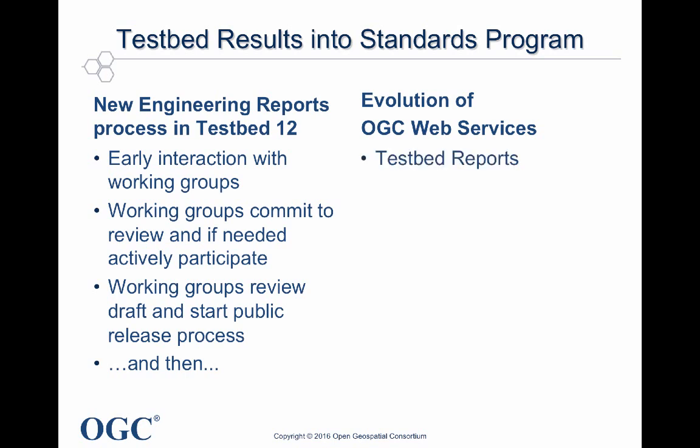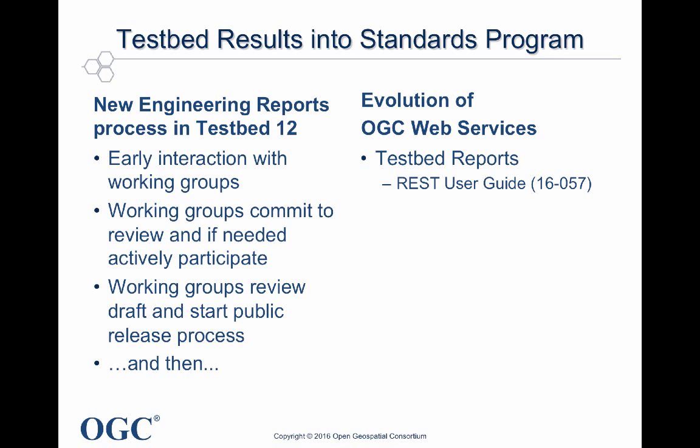The Testbed reports will come out. There are two of them that I'll highlight regarding evolution of web services. They both have the term REST in them, very resource oriented. One is a user guide, how someone would build a RESTful service based on OGC guidance, and then an architecture ER, which identifies the resources that are geospatially motivated.